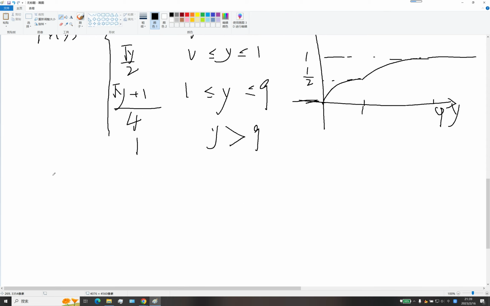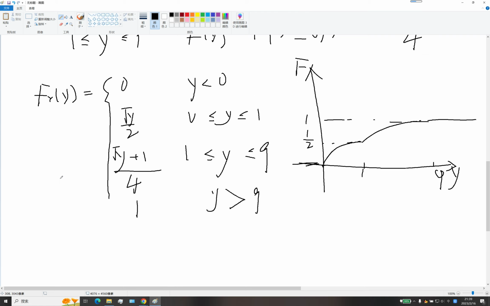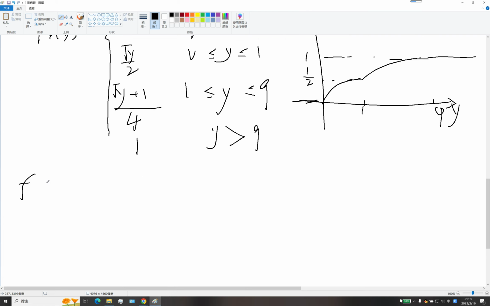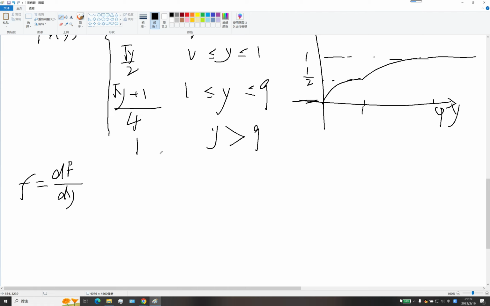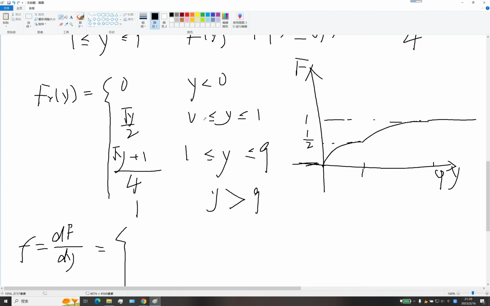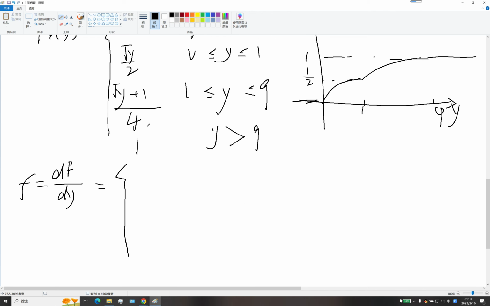And let's calculate little f. So we know that little f is the derivative of big F. So when y is less than 0 or y is larger than 9, it is always 0, and when y is between 0 and 1, we can do it.